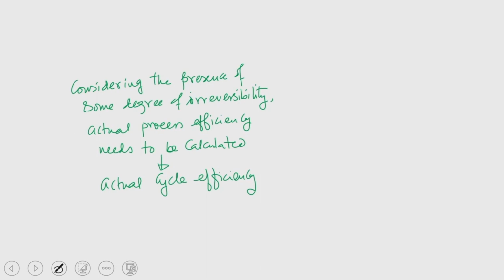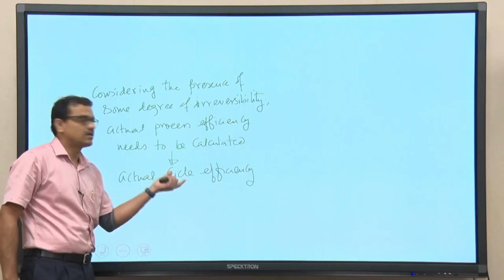There are 4 different processes we have so far understood, and calculating the actual process efficiency for all these 4 processes, we can calculate the actual cycle efficiency because all these 4 processes constitute the cycle.